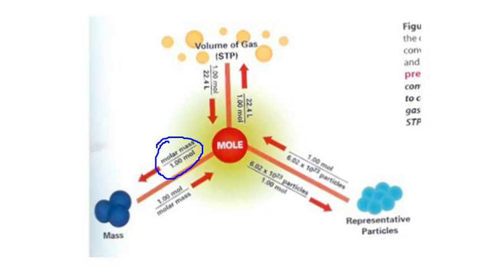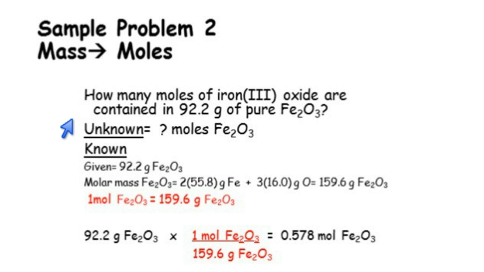And here's one where we're going to do that. How many moles of iron 3 oxide are contained in 92.2 grams of pure iron oxide? So we're looking for moles. You always write down what you're given and what you're looking for. We're given 92.2 grams.